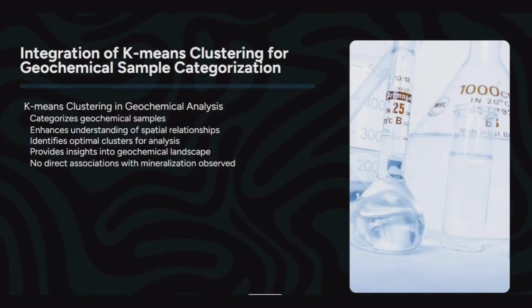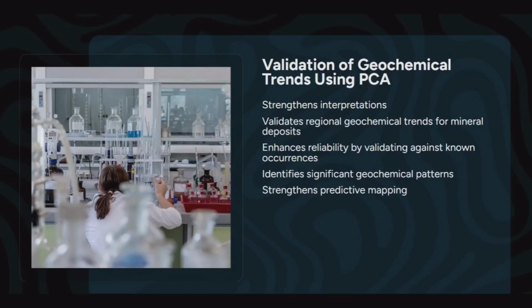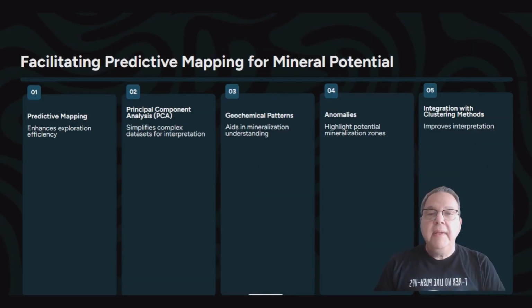And then, of course, they integrate the clustering with the classification of these elements as a tool. They call it the index tool. You will see that later. And they use principal component analysis to validate the trends that are being discovered. In the end, they create predictive maps for mineral potential.